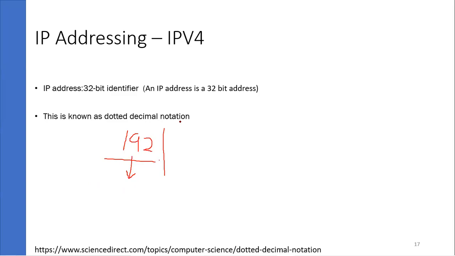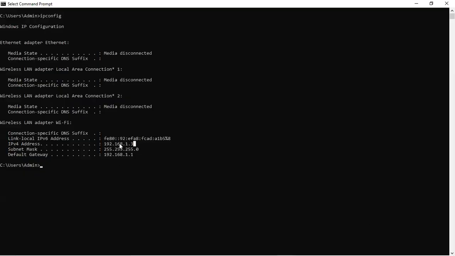Let me share my screen. Okay, see, this is 192 and there's a dot, then 168, then dot, then 1, dot, then 3. This is the dotted decimal.